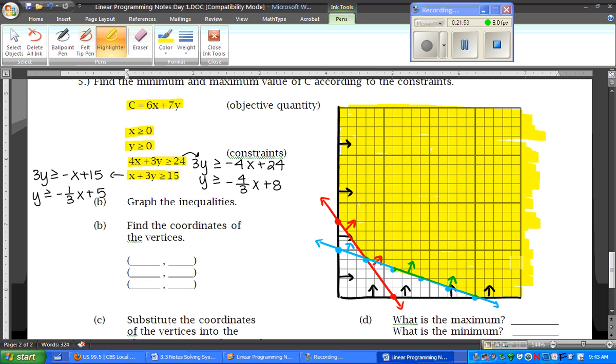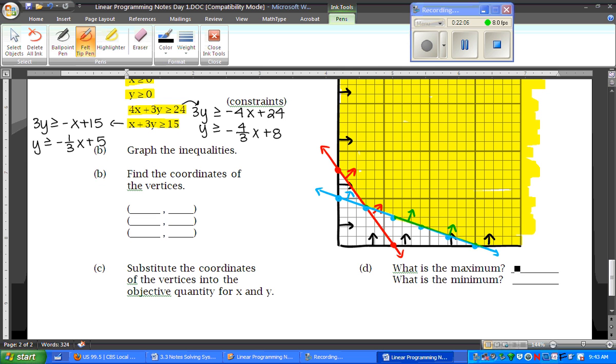Now looking at the shaded region, one more time, I don't have any boundaries up on the top of it. So because I can keep picking larger and larger values for my x and y coordinates, there actually is not a maximum.